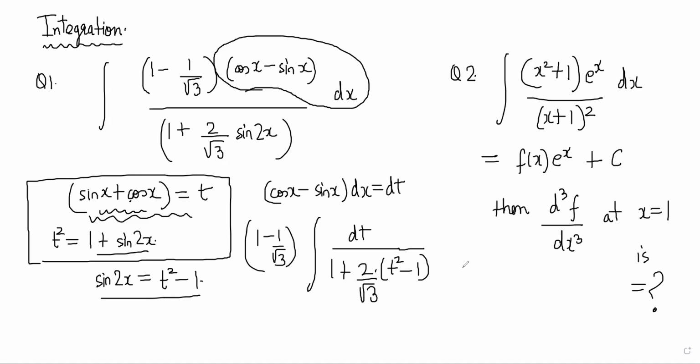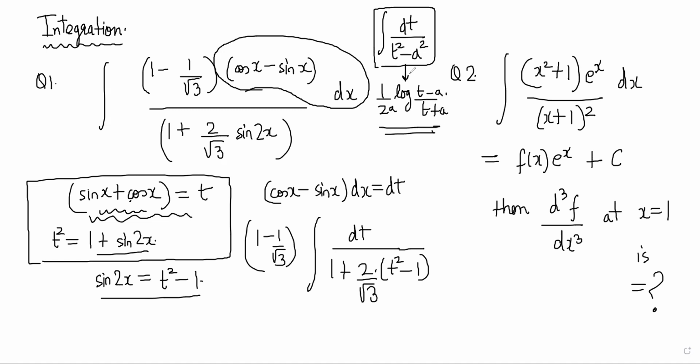Does everyone know how to do the integral of dt by t square minus a square? It is 1 upon 2a log of x minus a upon x plus a plus c. It will come like this. I hope everyone knows this one. Basically, you have to split it as 1 by t minus a minus 1 by t plus a, divided by 2a.